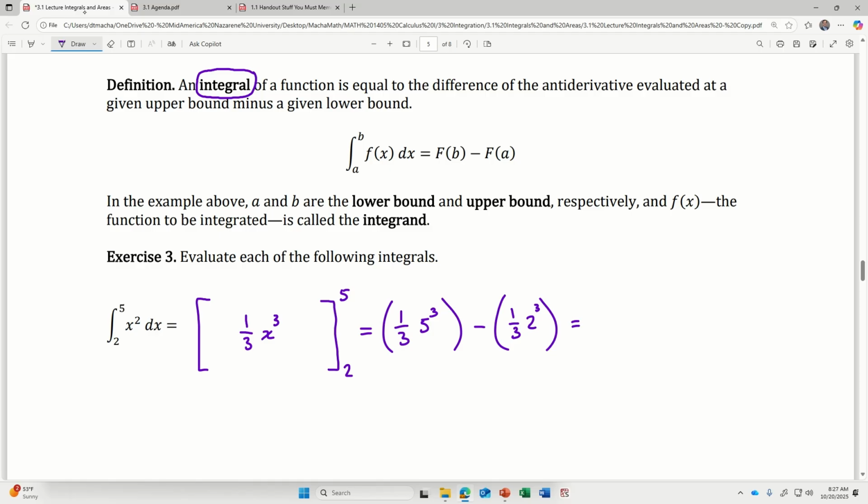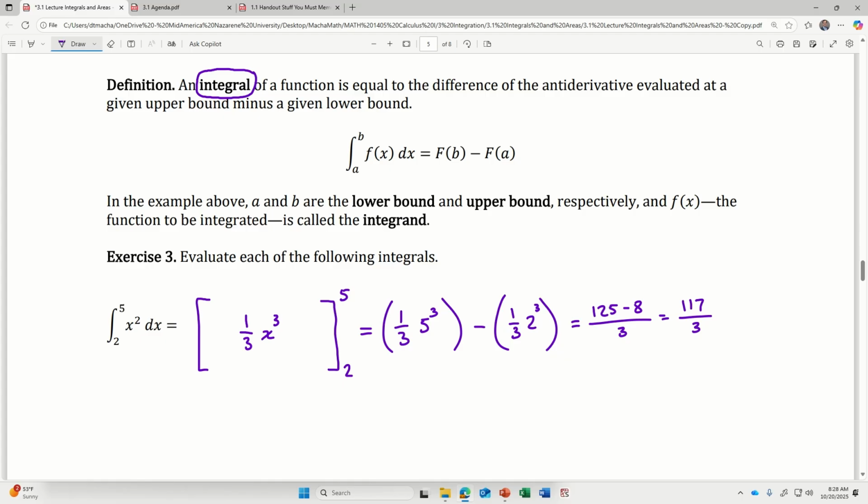And then, well, 5 to the third power is 125 minus 2 to the third power. And 125 minus 8 is 117 divided by 3. And 117 is divisible by 3.